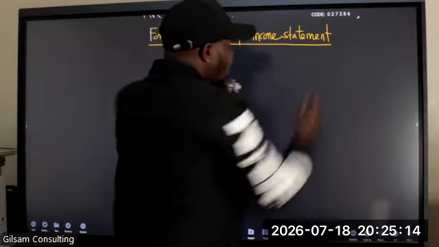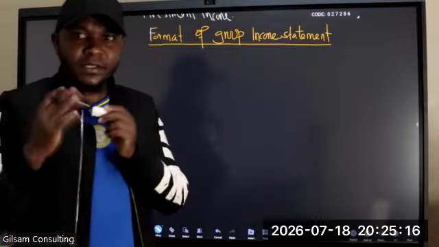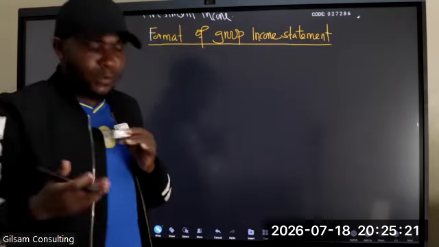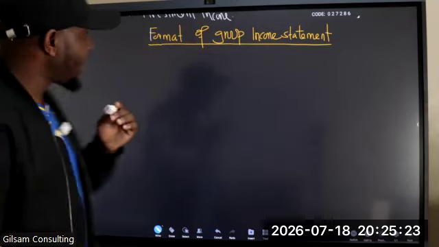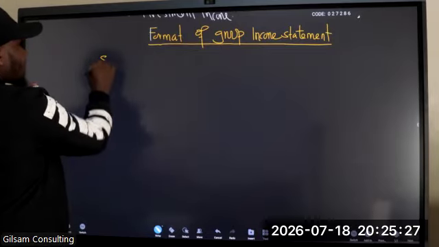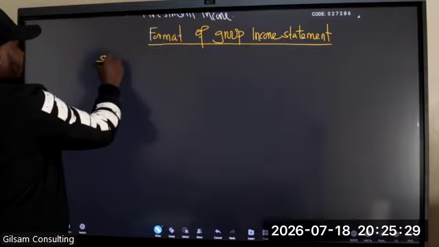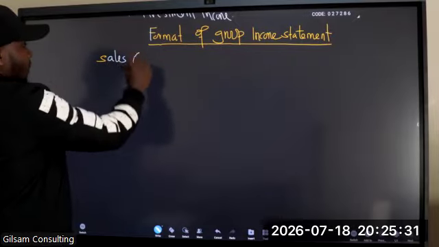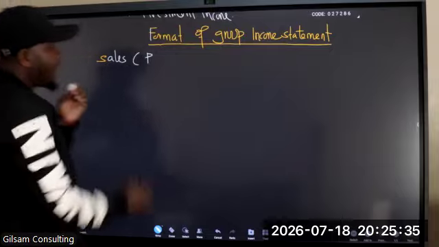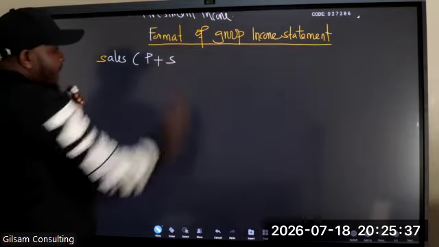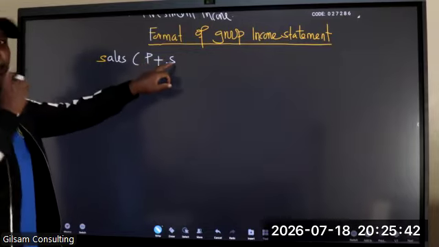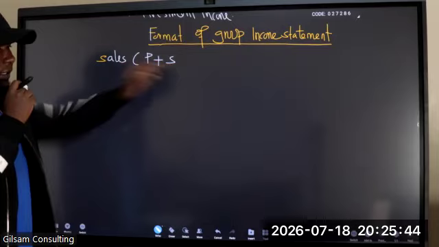You will not miss a group question, but it is not a must to get everything. There are a lot of free marks, and these free marks are the ones which will give you a pass. So we start with the sales. We take the sales from the parent, P, plus the sales from the subsidiary.